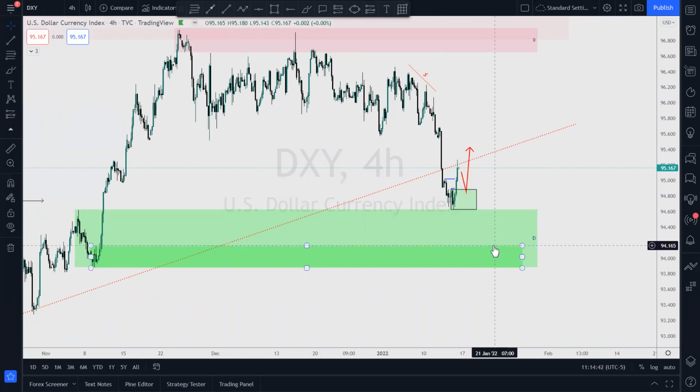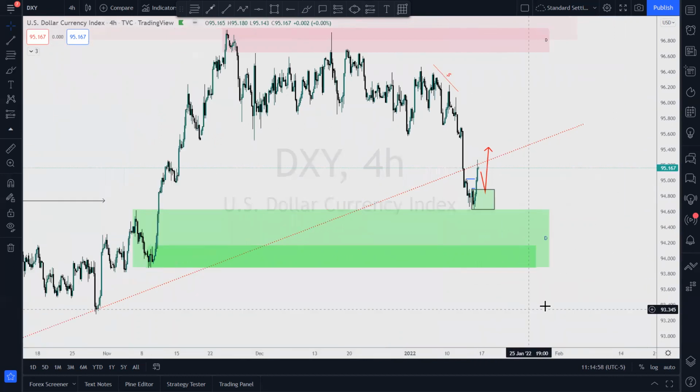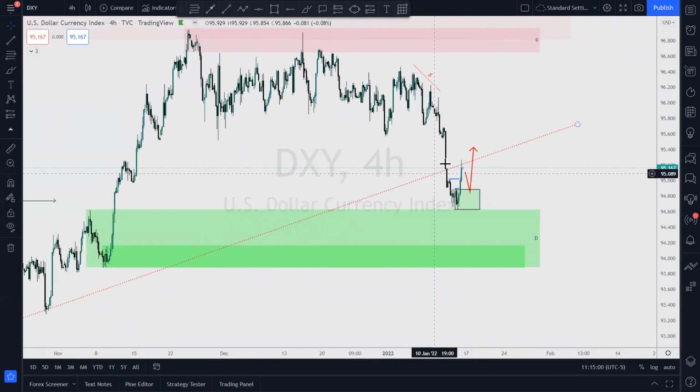This becomes our new POI here, and we'll see how it reacts, because that would be a pretty precipitous break to the low side for the US dollar. And that would mean the markets would go up. I'm thinking about all those other things. Okay, so this is what I'm looking for, and we'll see how it goes.